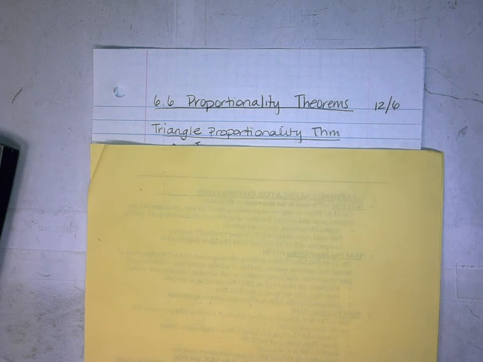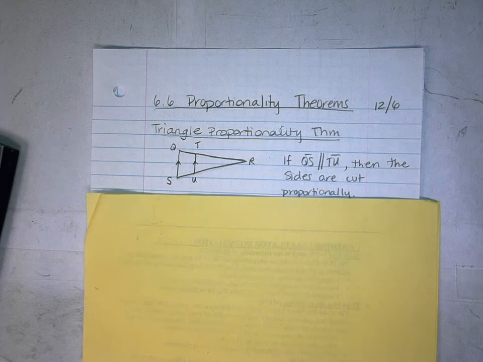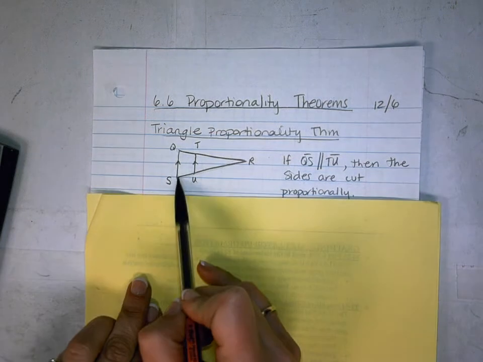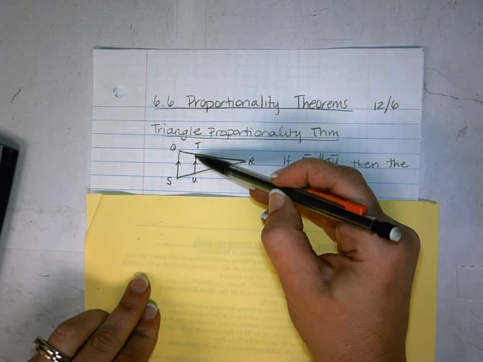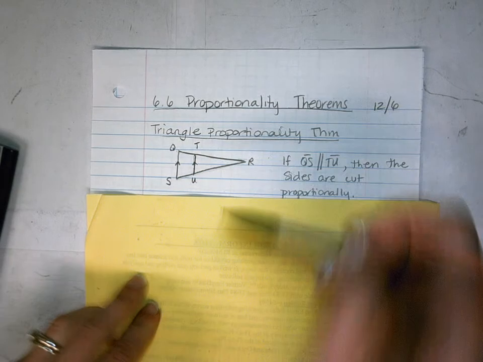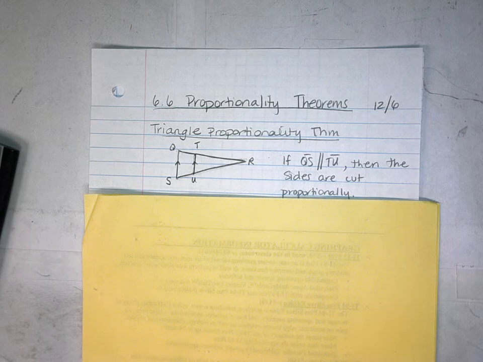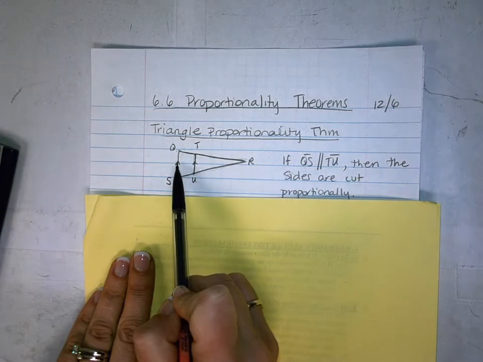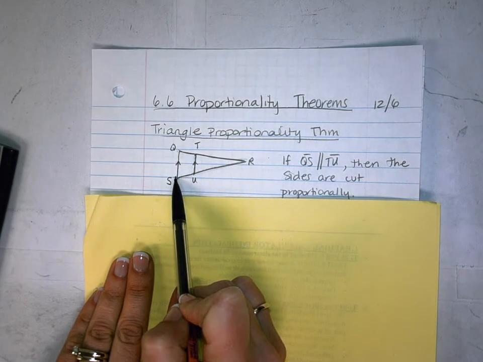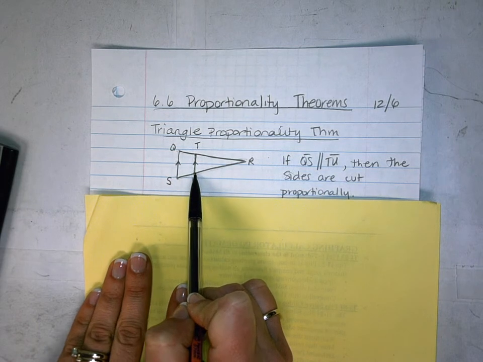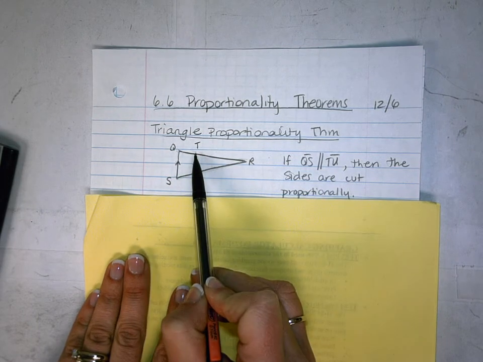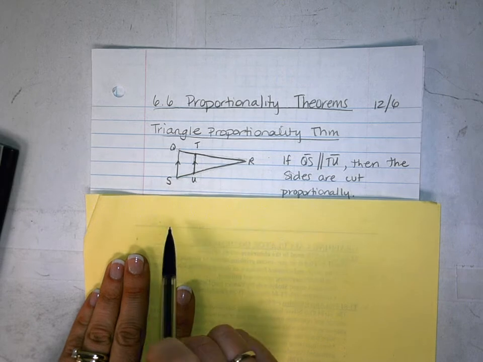Here's the first theorem that you're given. All right, so let's say you have this triangle right here, and then you have this extra segment TU that attaches to the other two sides of the triangle. What this theorem states is that if you know that QS is parallel to TU, then the sides are cut proportionally.